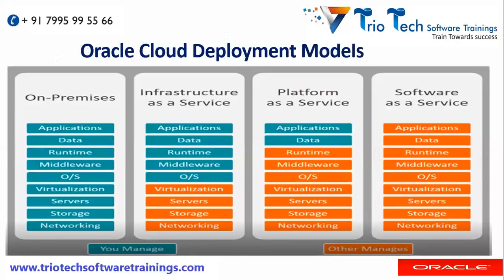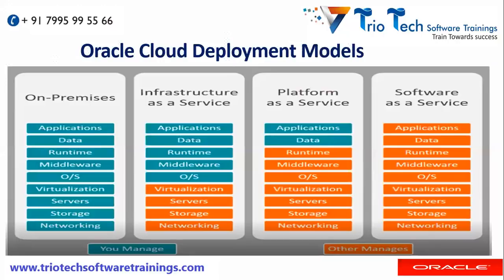When I say that my infrastructure is enough, but I want the management to be done by Oracle itself, I don't want to manage everything on my own, then I go to software as a service, that is SaaS. So I don't have an application, I just have business, and I want Oracle to control and maintain the application, data, servers, networking, everything.